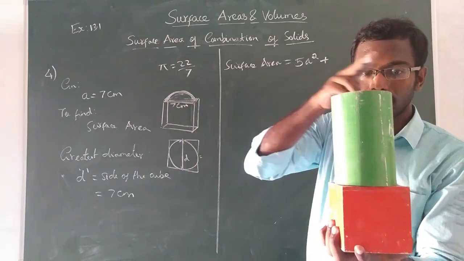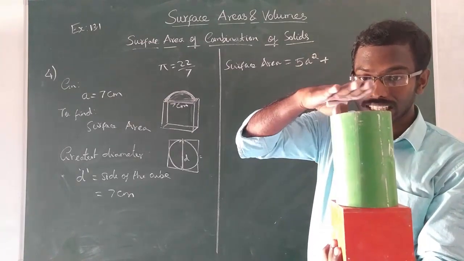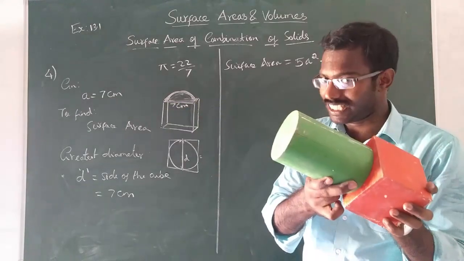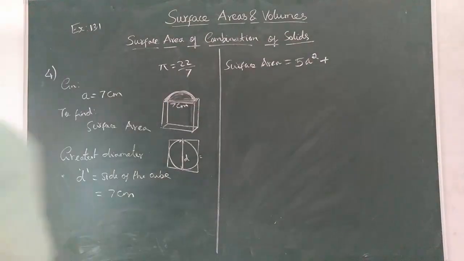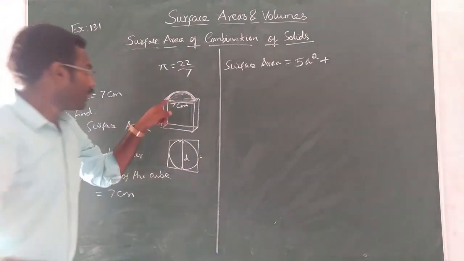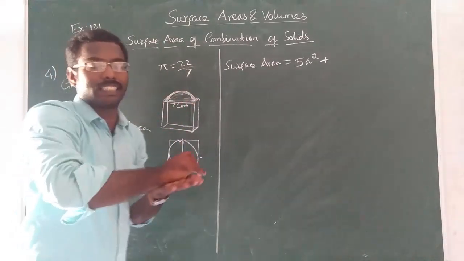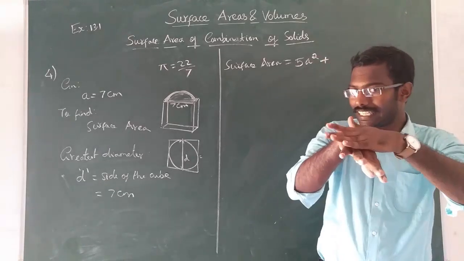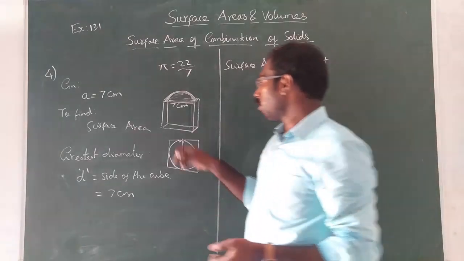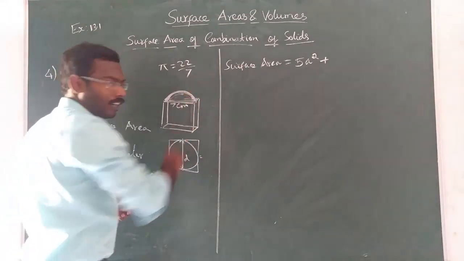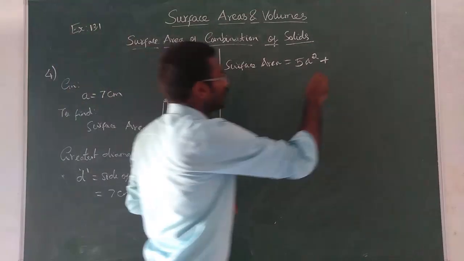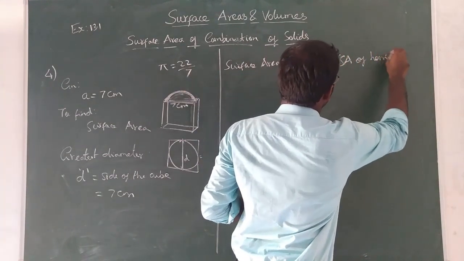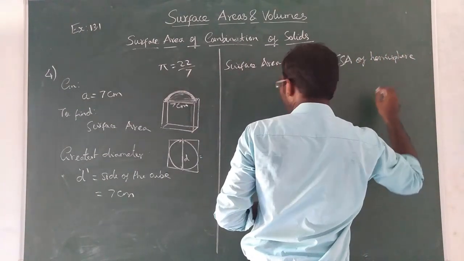Therefore, when you see it, you will see the curved surface area, but you will not see the inner circle because that is attached. Similarly, here this circle is also attached, goes inside. We want to find the surface area only, but this circle goes inside. Therefore, the circle will not come, only the curved surface area will come. So, plus CSA of hemisphere, curved surface area of hemisphere.